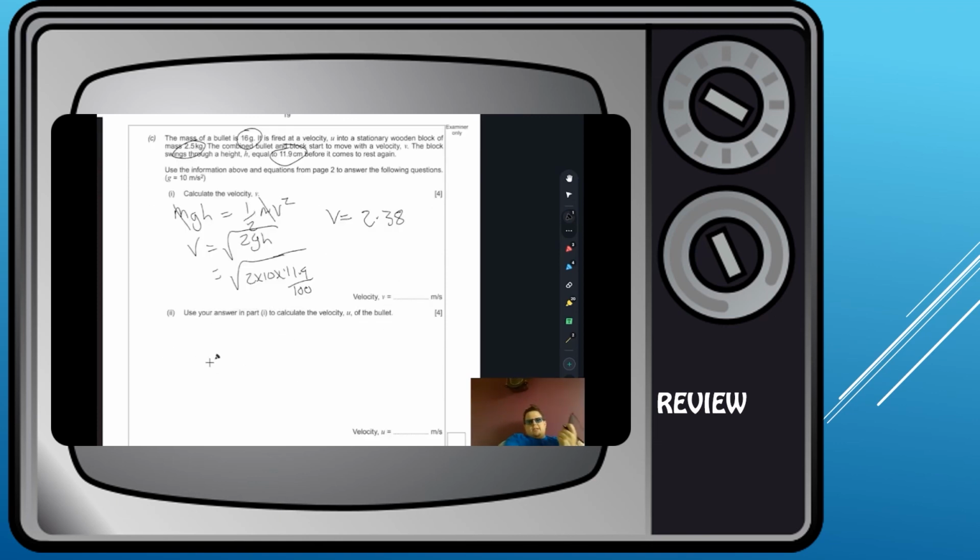Use your answer in part 1 to calculate the velocity of the bullet. Well, in this first part, momentum's conserved, so we can use that. So the momentum of the bullet is going to end up equaling the momentum of the block plus bullet. Okay, momentum before equals momentum after.